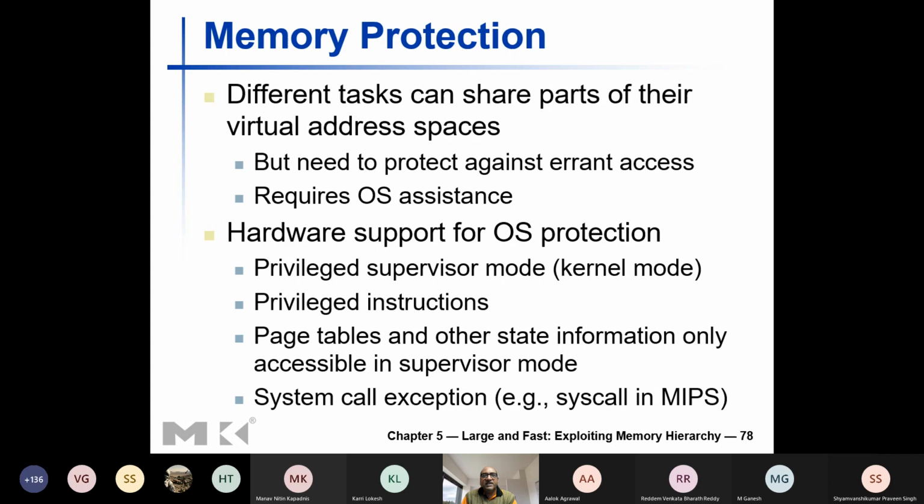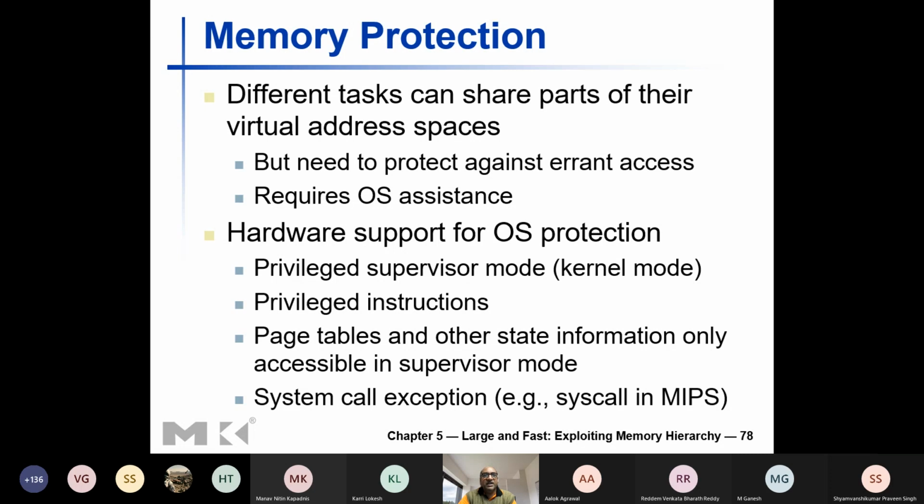So in that case, we need to see that a process should not access some other process's address space. It means a process cannot write something to, or read something from, the other process's addressing area. Each process has to be protected from being written or read by another process. Only that particular process, or the operating system, is allowed to access that address space.